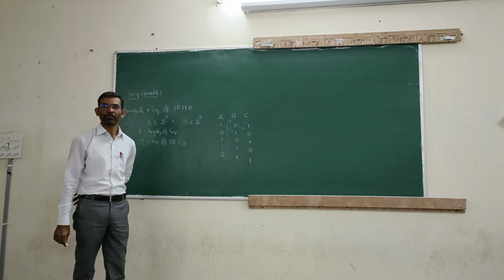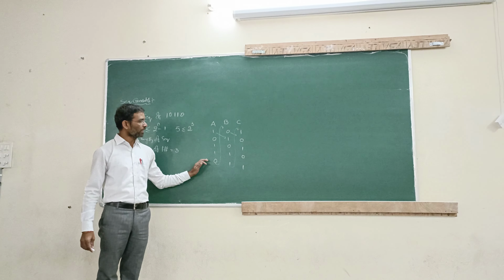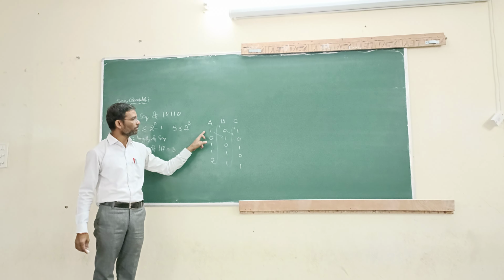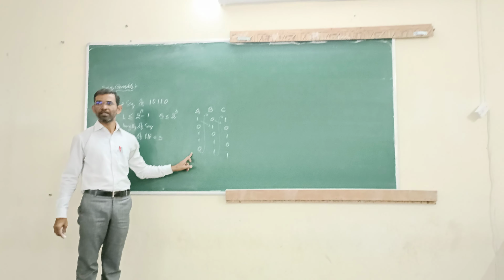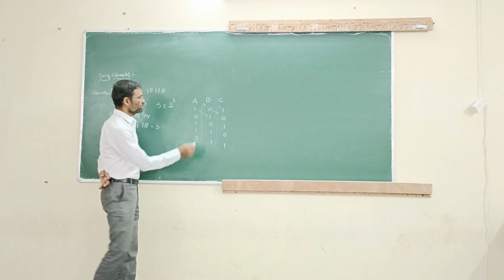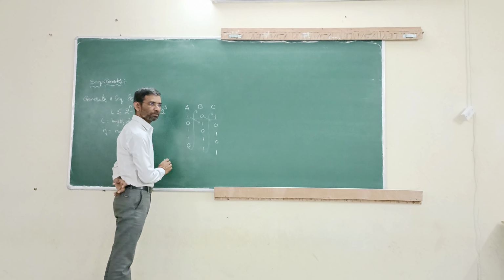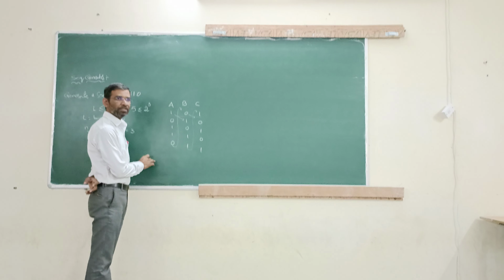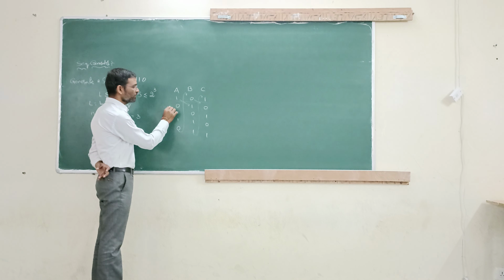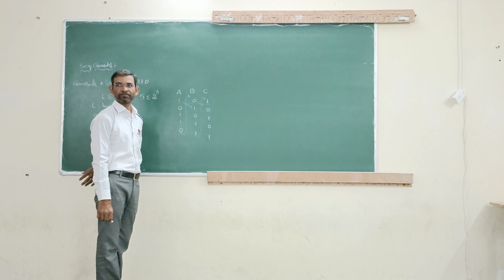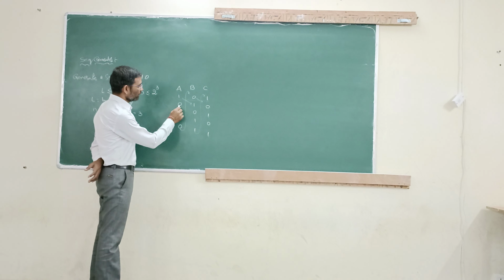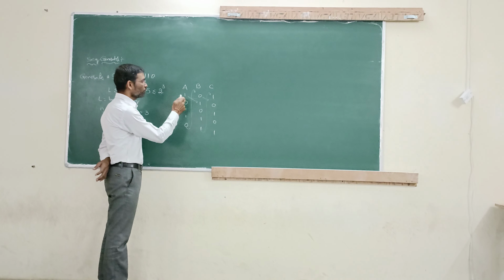Is it clear? After getting this sequence, we have to see whether there are any repetitions in the horizontal rows. If you see here, it is equal to 101, and we have to see whether there is any 101 sequence in the remaining 4 rows. Here we have 010, so it is not equal to 101.